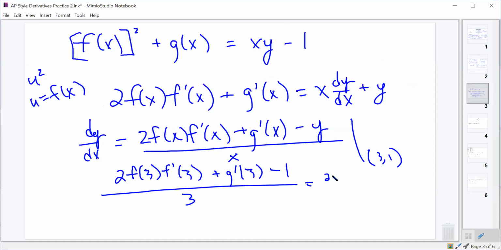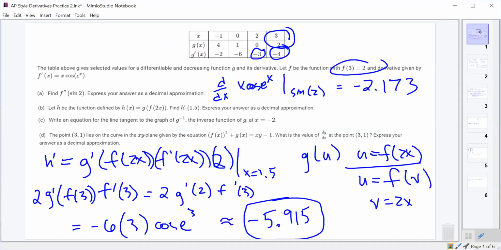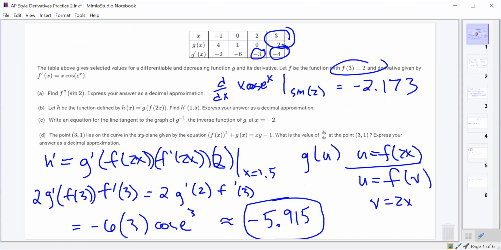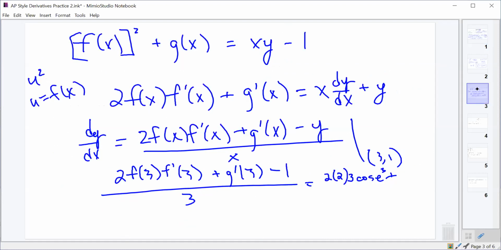So we've got 2 times, I'm sorry, what was f of 3, was 2. Okay, so we got 2 times 2 times our f prime of 3 value, which is 3 cosine e cubed, plus g prime of 3, where g prime of 3 is -4 from our chart again, minus 1 all over 3.